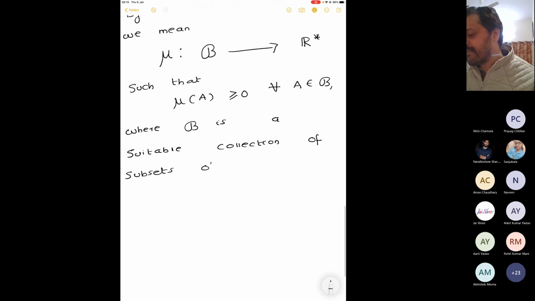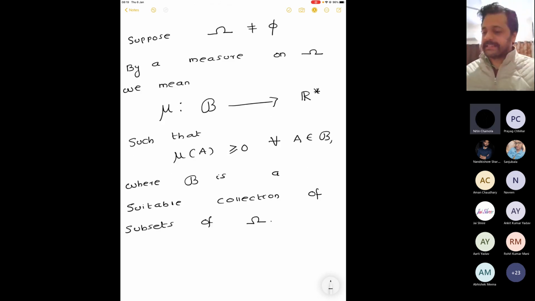So this is what in abstract sense measure does.